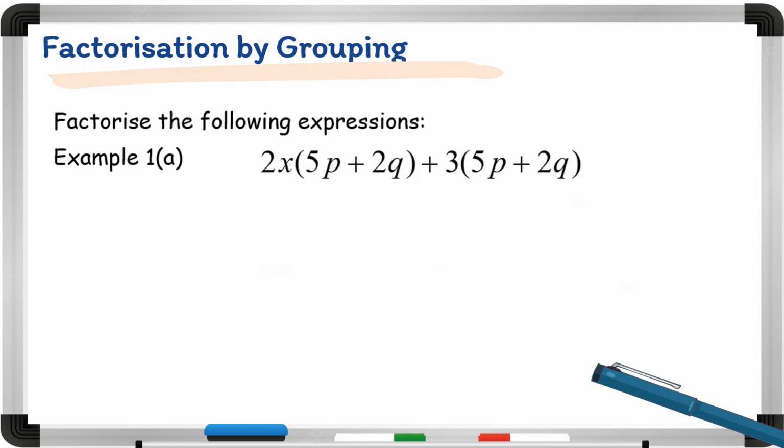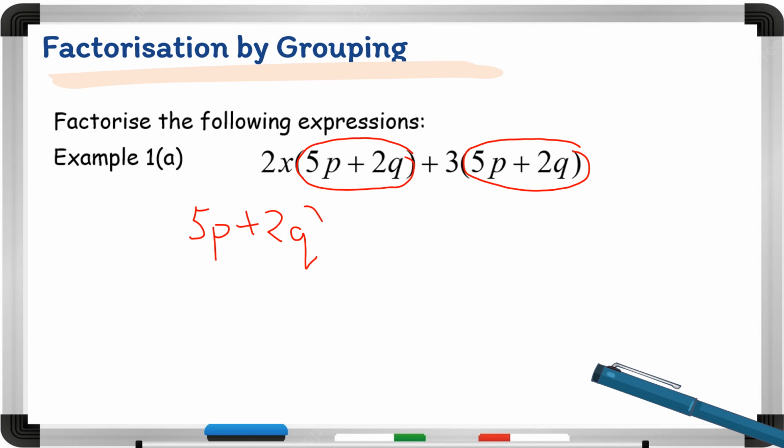This next example is one of the steps for factorization by grouping. Can you spot what is the common factor here? Since both terms multiply by this same factor, 5p plus 2q is our common factor. And we will divide by 5p plus 2q for each of the terms.